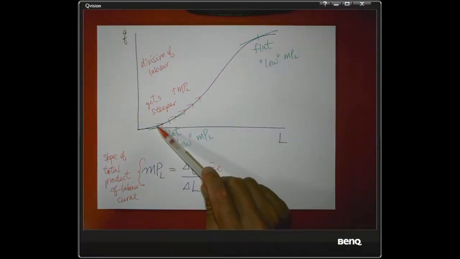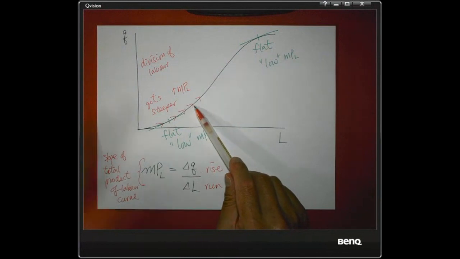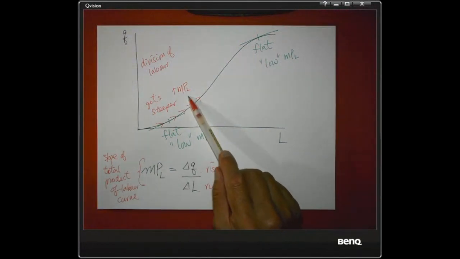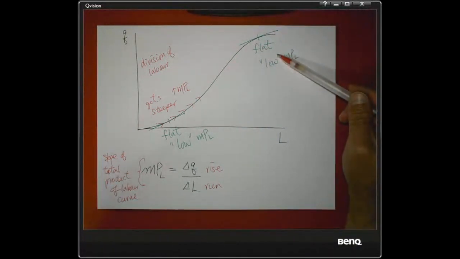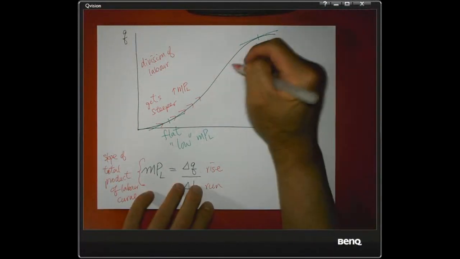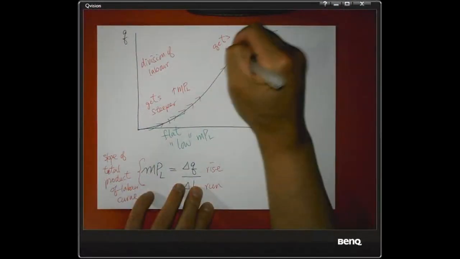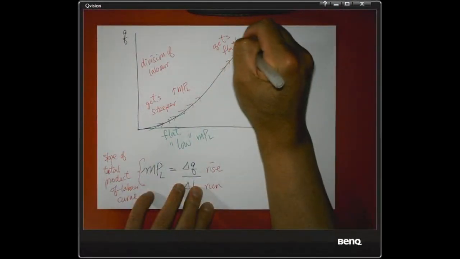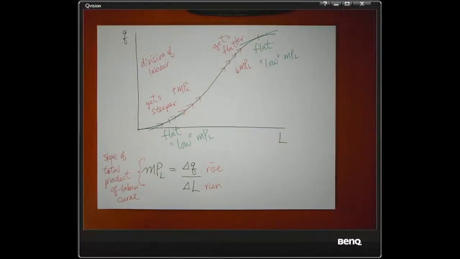That is, when we better utilize the capacity, division allows specialization, making each worker at the margin more productive. But in the end, it is getting flat again. That means beyond a certain point, it gets flatter. Then the marginal product of labor will be falling.